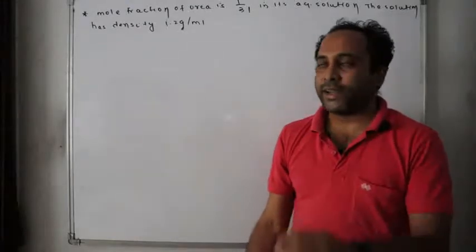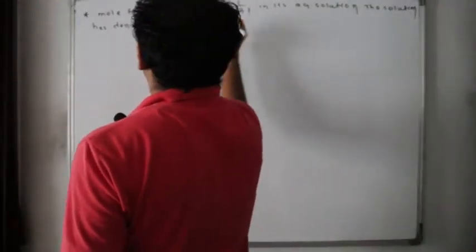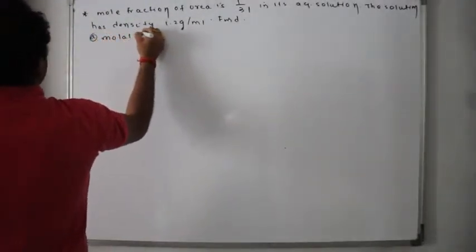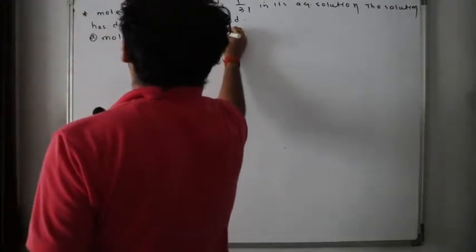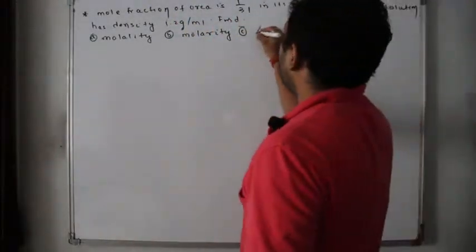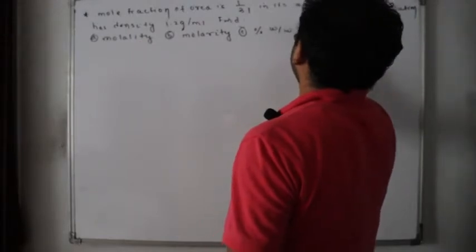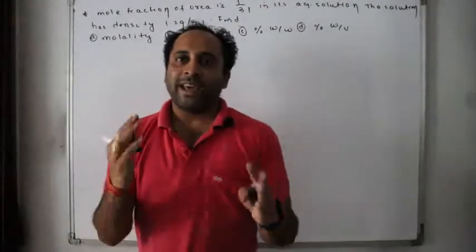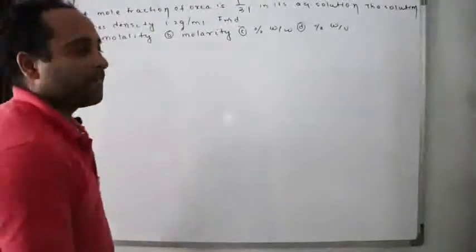Now calculate or find: option A molality, B molarity, C percentage W by W, D percentage W by V. Okay, now again analysis, interconversion analysis. Stay tuned, you can understand.